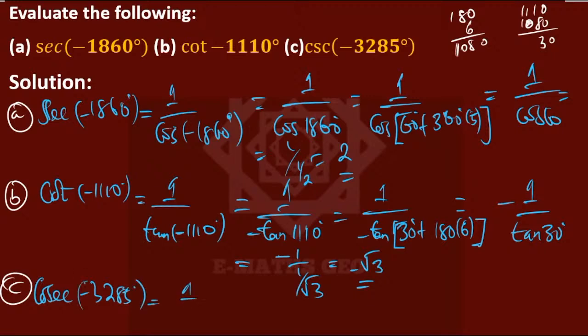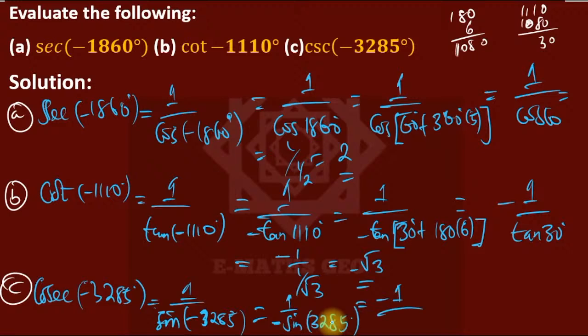I told you cosec is 1 over sine, so mine is now 1 over sine of minus 3285. Also, sine is an odd function, so we'll bring out the negative sign. So negative sine of 3285. So this is now minus 1 over sine of 3285.